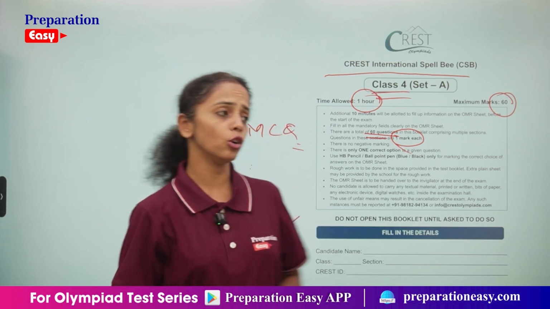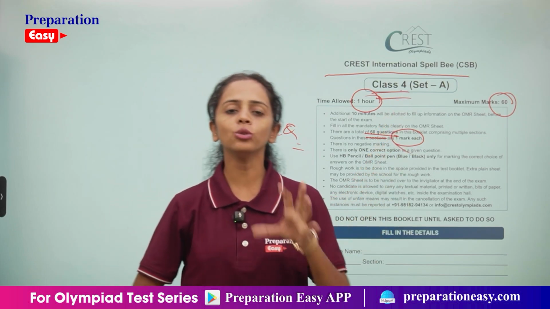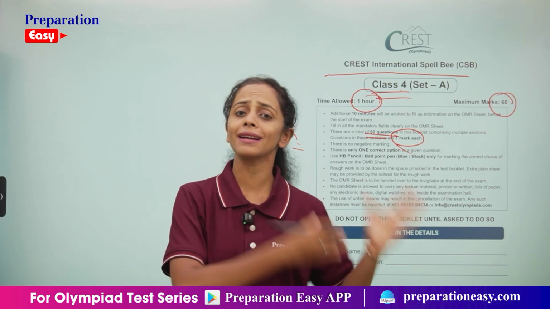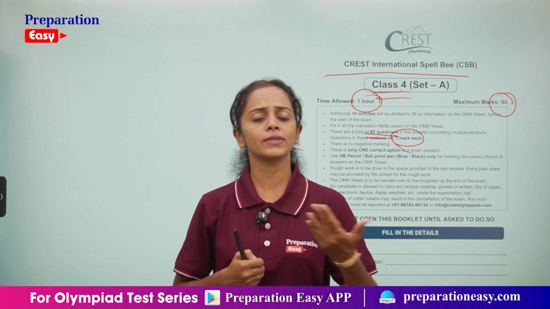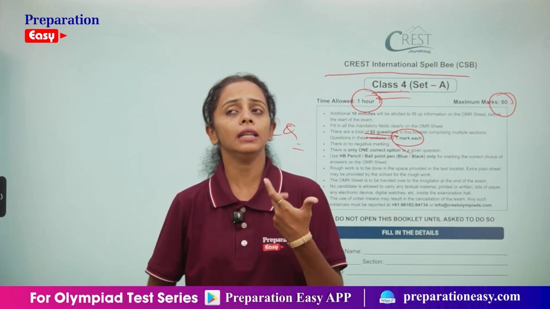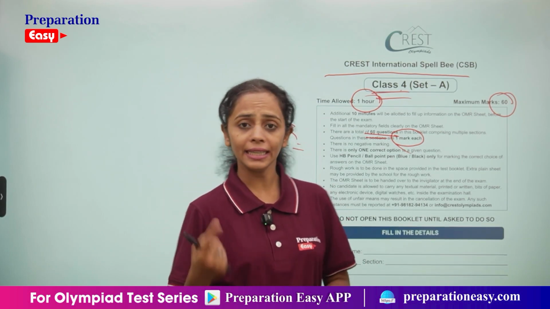So if you are appearing for class 4th, keep in mind you are also going to refresh your past classes. Go through the syllabus of 1st, 2nd, 3rd and even the syllabus of 5th standard. It will actually help you crack the papers very easily.